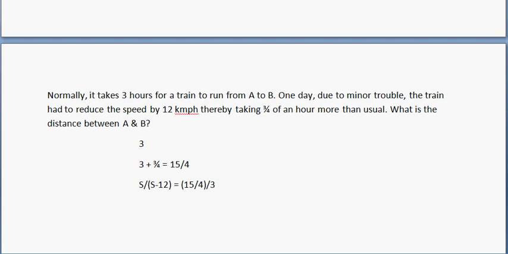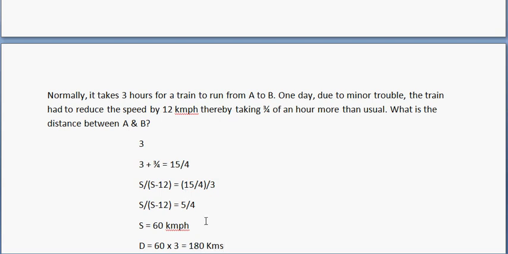So this becomes s divided by s minus 12 equals 5 by 4, right? If we solve this, s is equal to 60, right? So the original speed of the train was 60 kilometers per hour. The original time was 3 hours, so the original distance between A and B would be 60 into 3, which is equal to 180 kilometers.